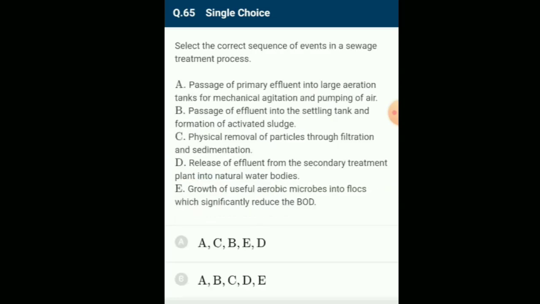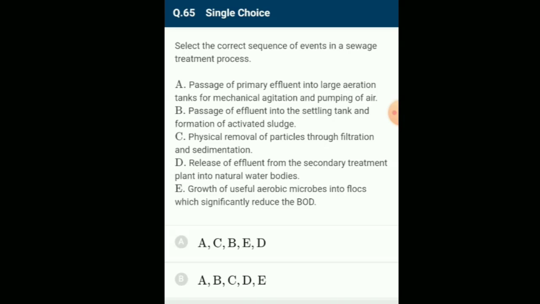Question number 65. Select the correct sequence of events in a sewage treatment process. The sequence of steps in sewage treatment is as follows. First one is primary treatment. This involves physical removal of all small and large particles from sewage through filtration and sedimentation. Secondary treatment involves constant mechanical agitation of effluent in an aeration tank and pumping of air.